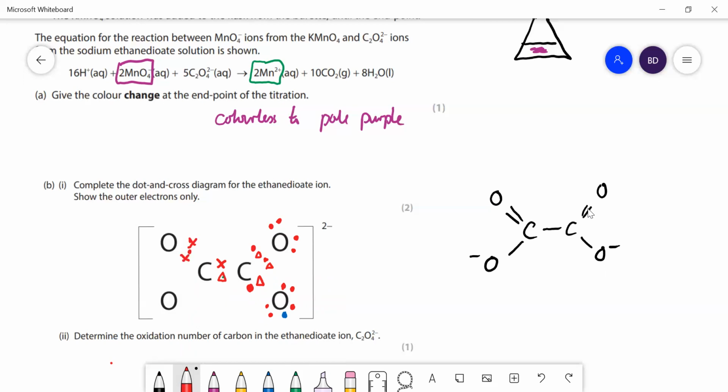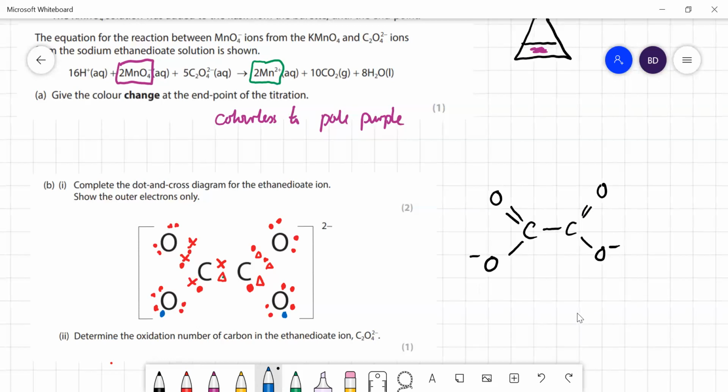So dot cross, and then the oxygen has got 2 lone pairs. And this oxygen with the single bond has 5 more electrons, plus another one with the negative charge. It's taken from somewhere else.